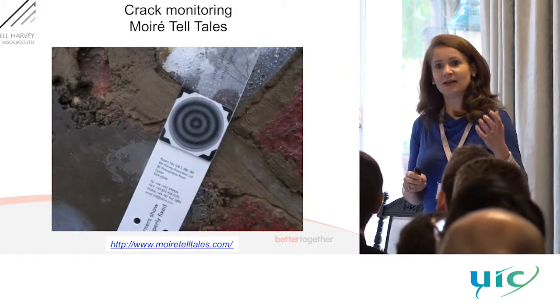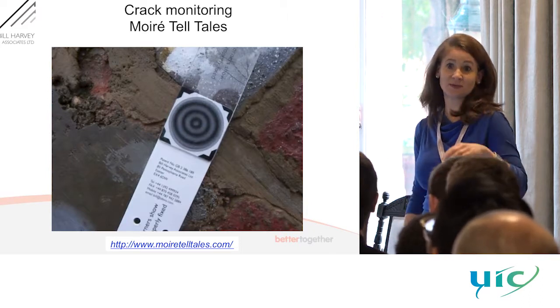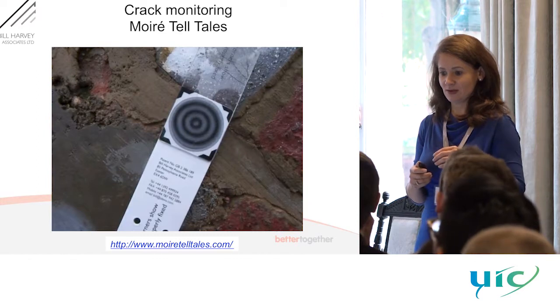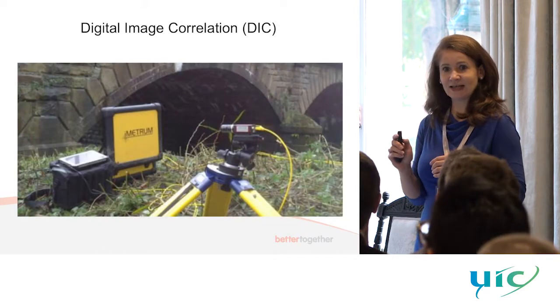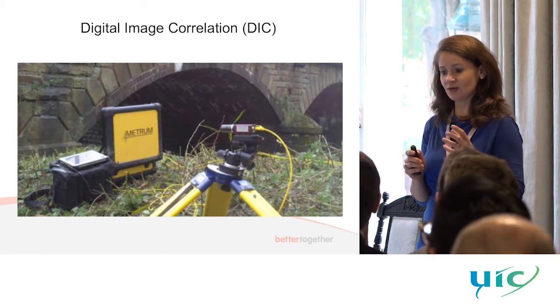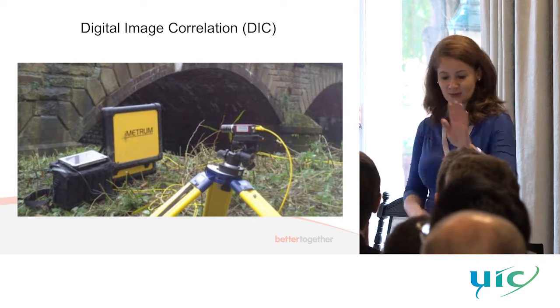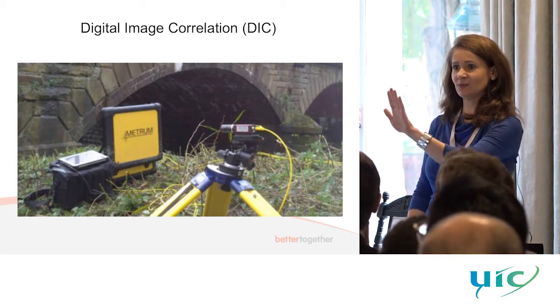Other ways to look at the response of the structure to live traffic was mentioned before, as the Moiré telltales. Some other techniques include digital image correlation, which is taking pictures, similar to Moiré, exactly the same principle.